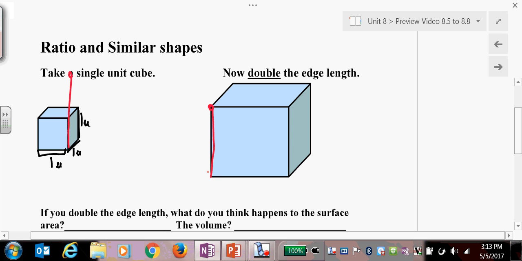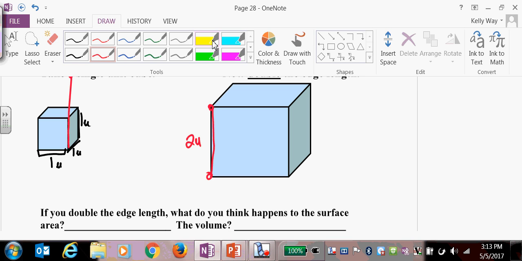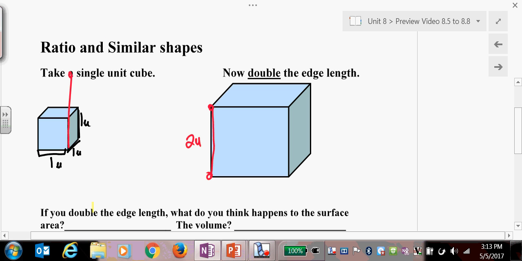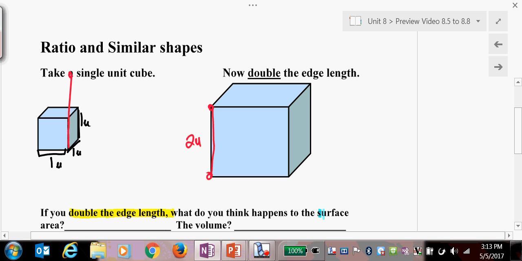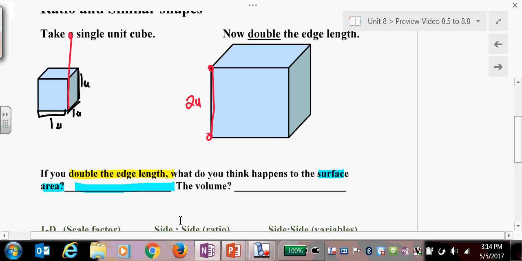So from 1, we're going to go to 2. I'd like you to predict, just predict, if we double the edge length, what do you think is going to happen to the outer area of that cube? And what do you think is going to happen to the volume?